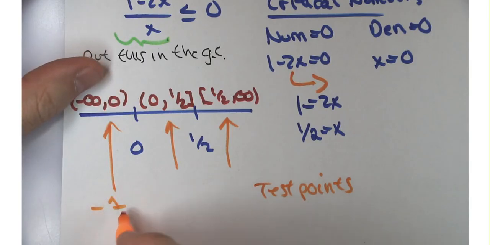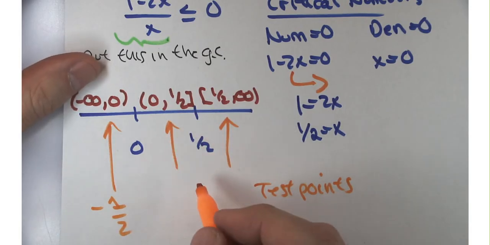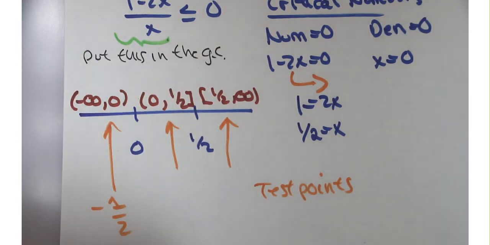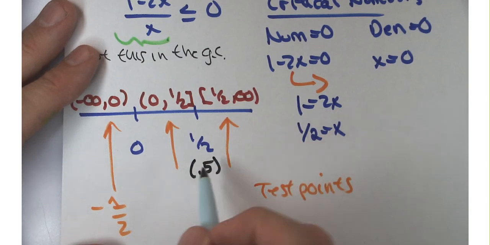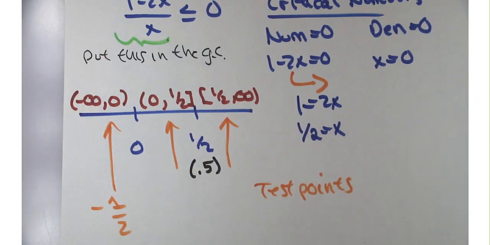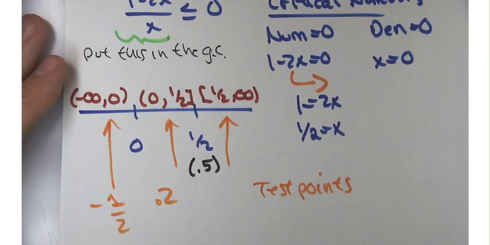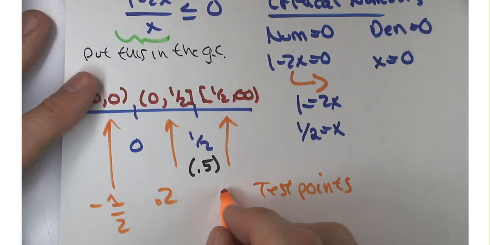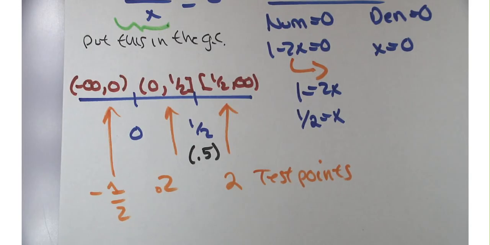Sure. You can do negative 1/2. What am I going to put in this interval? Just kind of a suggestion here. You can think of 1/2 as being 0.5. Can you think of a number between 0 and 0.5? Sure. 0.2? Yeah, why not? 0.2, that works out great. I need one more, Josh. And then just 2. Sure. So negative 0.5, 0.2, and 2.